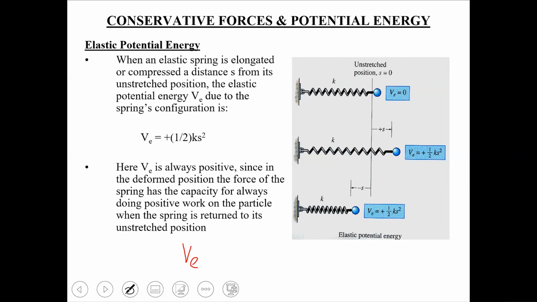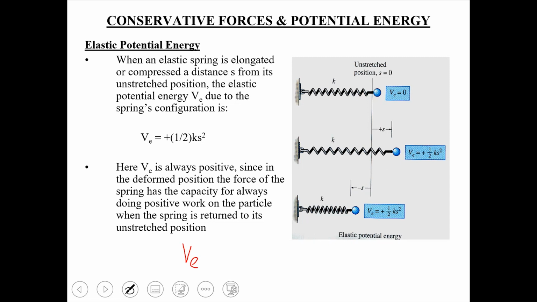So the elastic potential of any spring is going to be positive once it is displaced from its neutral position. That is, when a spring is displaced from its neutral position, whether compressed or elongated, in both cases when you release the spring or the particle to which the spring is connected, the spring force will try to move that spring back to its neutral position.